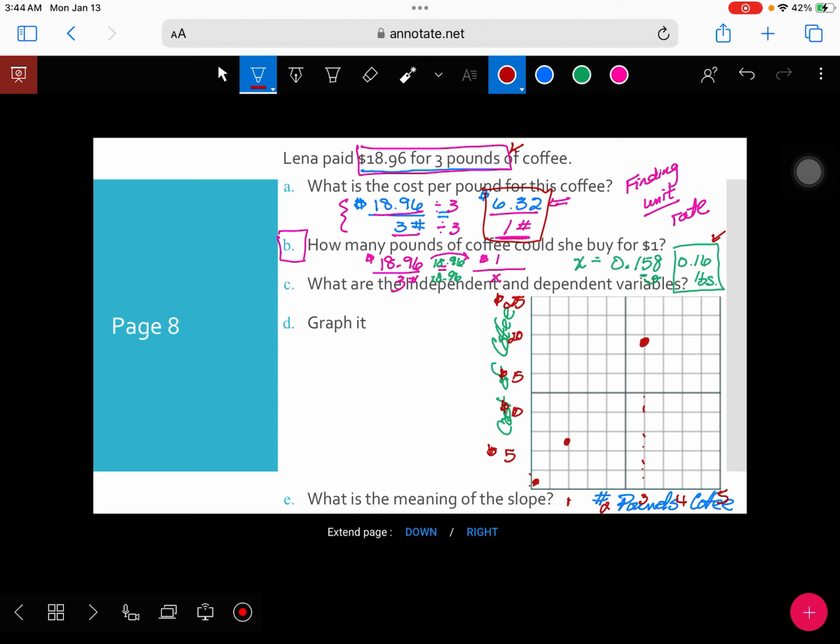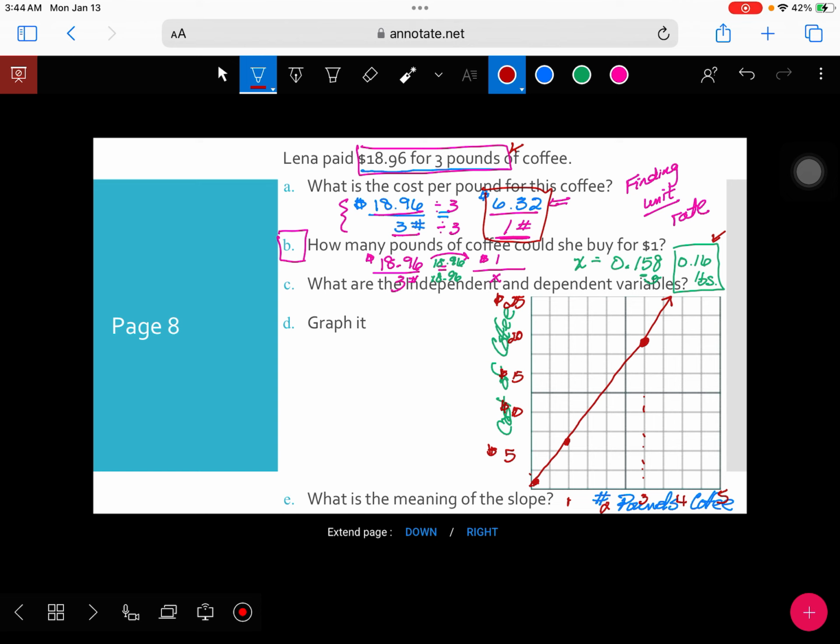What else do I know? So anyway, I guess I can use those 3. And if I graph it, it is linear. So the meaning of the slope. Okay?